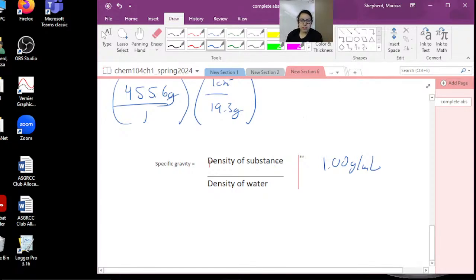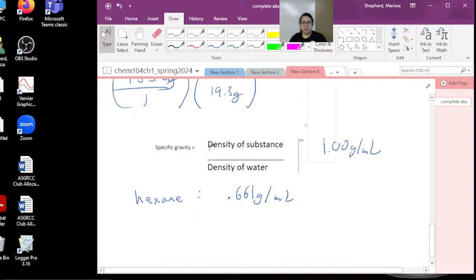But it's kind of silly to me to have the specific gravity of a substance, because basically it just becomes unitless. I'll show you what I mean. Let's say the density of hexane, which is just an organic substance, is 0.661 grams per milliliter.